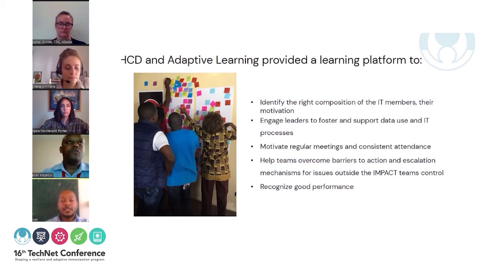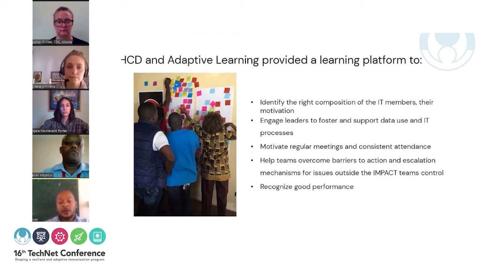So we identified the right composition of the impact team members, or like, what is the right skill mix that is needed within a data use team for it to be effective, for them to be able to, for instance, triangulate data as we have been talking about in the previous sessions. And also what will motivate the teams to be meeting regularly and using data consistently.